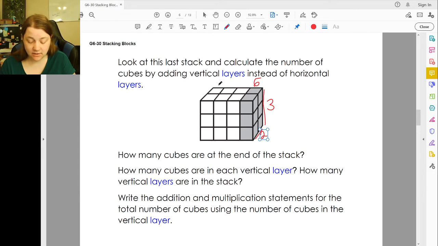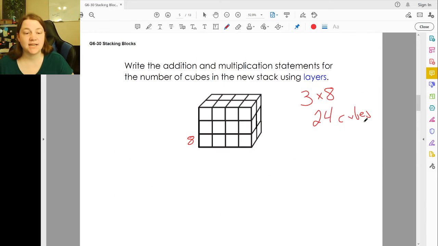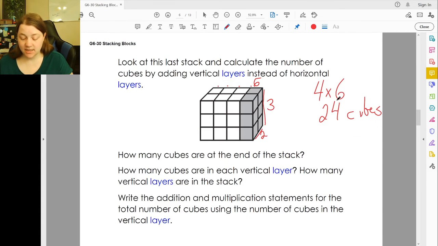And we can see that there are 1, 2, 3, 4 layers that way. So this would be 4 layers of 6 cubes. 4 times 6 is 24 cubes, which is the same thing as 3 times 8. We get the same answer no matter which way we start off looking at it.